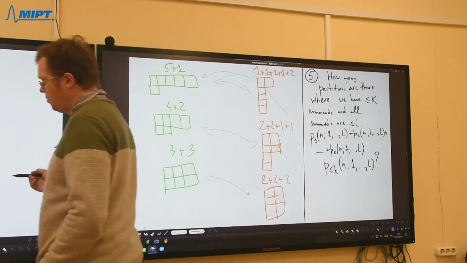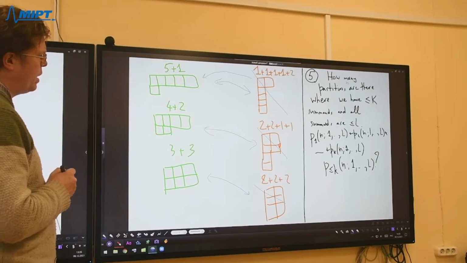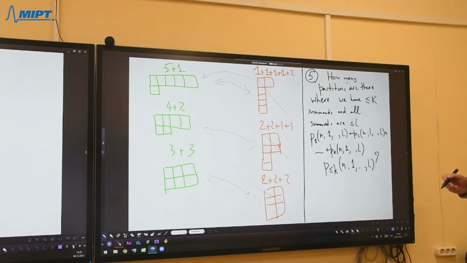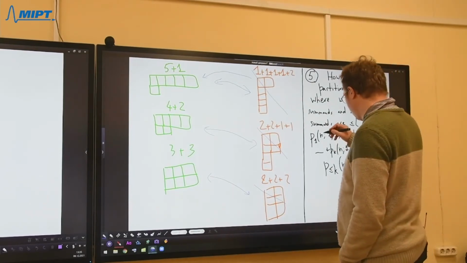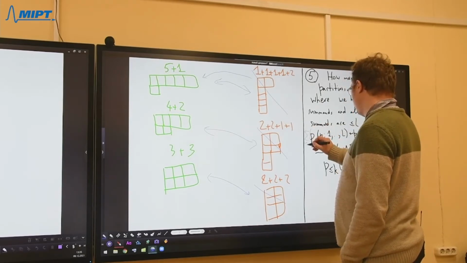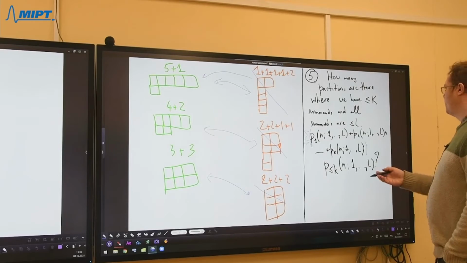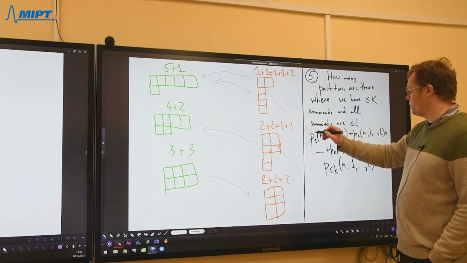I don't have a restriction on n here. If we have restrictions on the maximal summand and the number of summands, we can have more than KL.